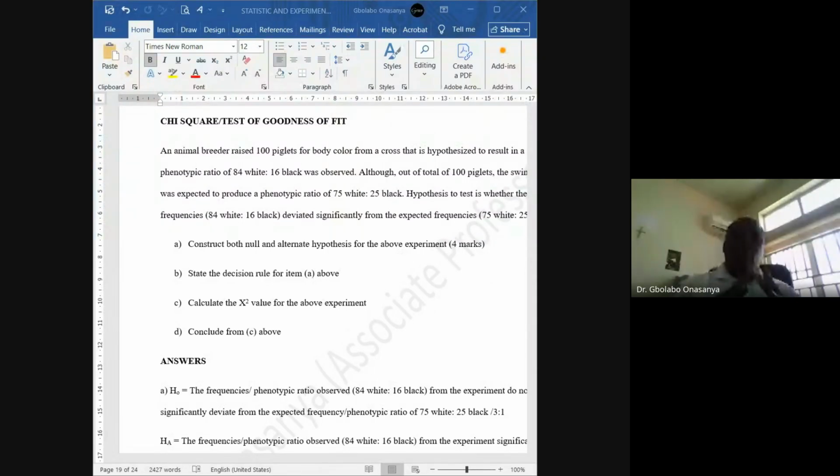I took you through hypothesis. It remains a hypothesis until it is verified. So how we can draft null hypotheses and alternate hypotheses, I took you through all that. We used real-life data to estimate analysis of variance.